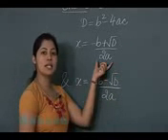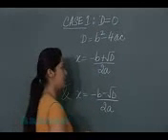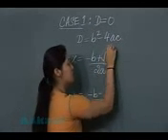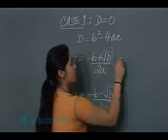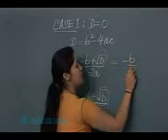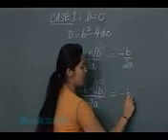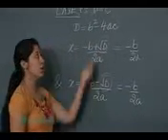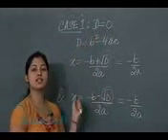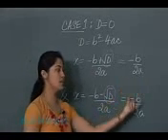Now here we are taking the case when D is 0. That means we will get minus b upon 2a, and the second root will be again minus b by 2a. That means whenever the discriminant is 0, both the roots become minus b upon 2a.